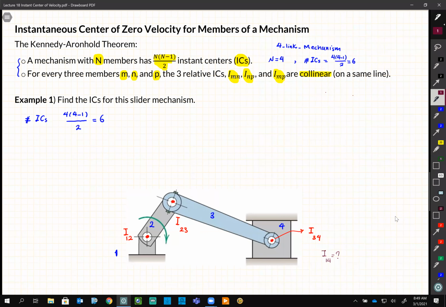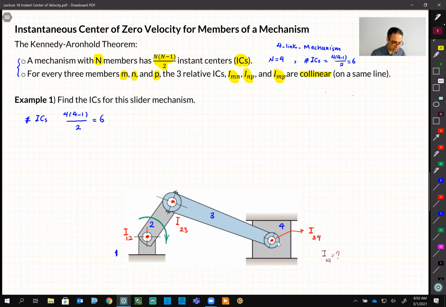First, try to figure out the instant center of I14. I will give you another hint. This part 4, we are almost done, guys, in a couple of minutes. This part 4 is moving on a straight line, right?